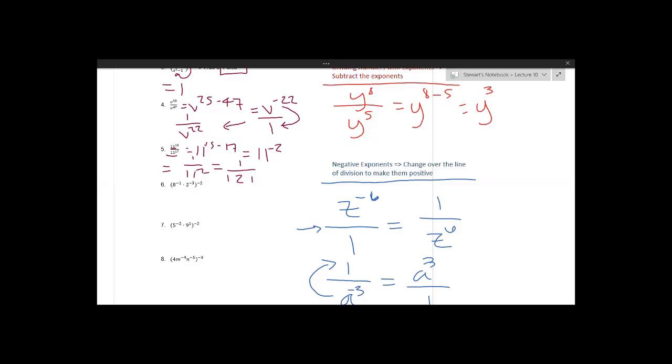Okay, so in this next one, we can do one of two things. We can either distribute the -2 to both of the exponents individually first, and then multiply those two numbers together at the end, or you can evaluate what's in parentheses to the best of your ability first, and then apply that outside exponent last.